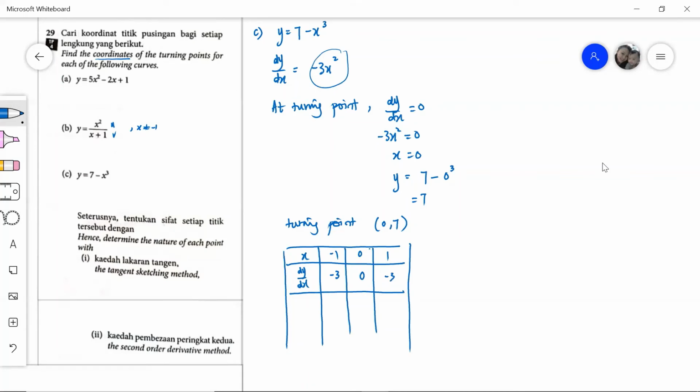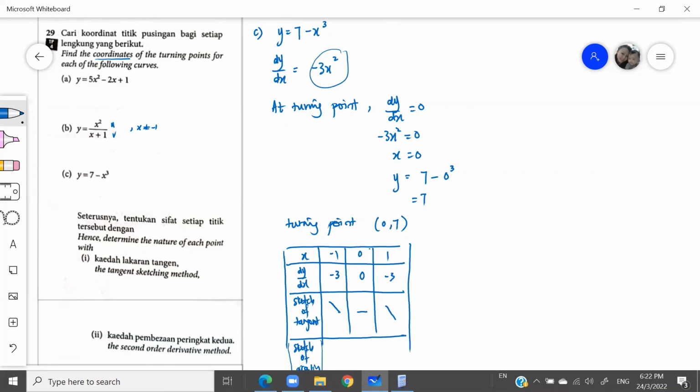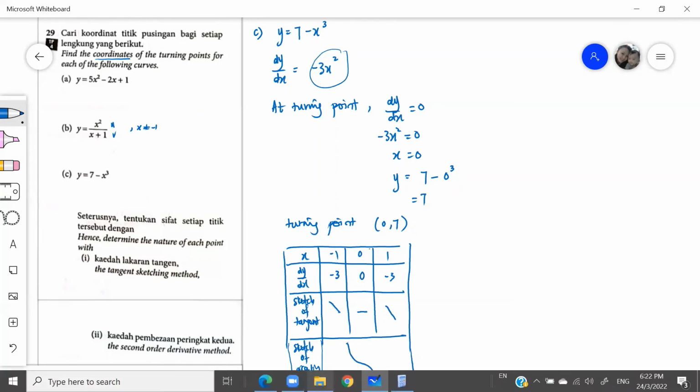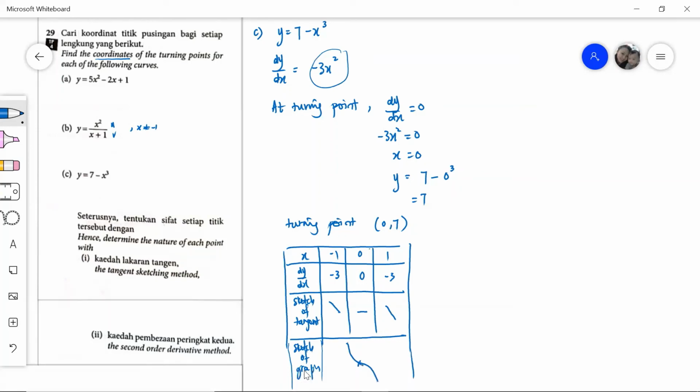So our graph will be, this is a sketch of tangent. So our tangent is going downhill, then 0, and this one going downhill again. Okay, what kind of graph is this? So sketch of graph. So it looks like this. This is a cubic graph anyway. So you will have something that goes like this. So when you see this, that means the turning point here is neither maximum nor minimum.